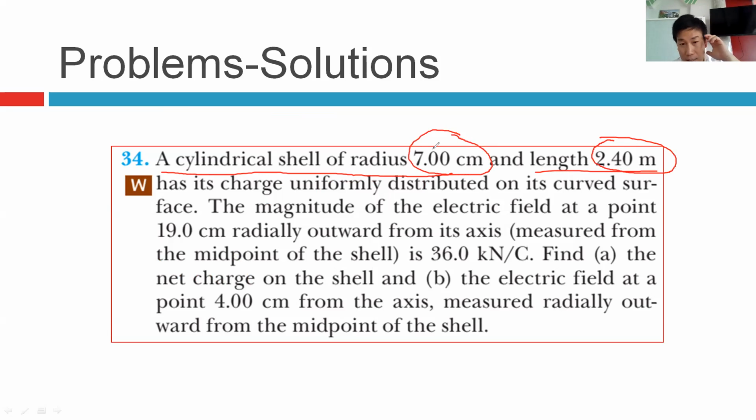Please remember that when you have a cylinder or a rod whose length is very large compared to its radius, you can treat it as a line, an infinite line.